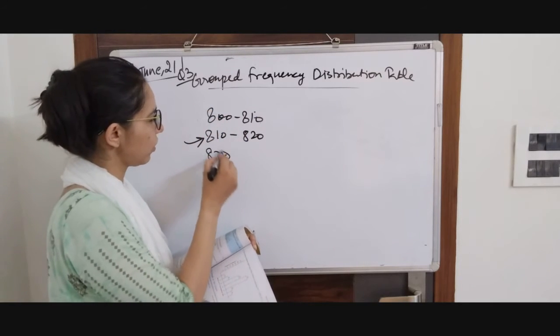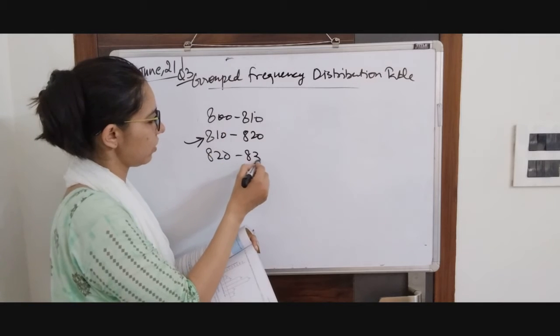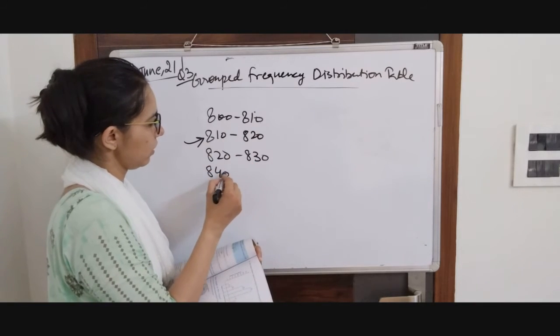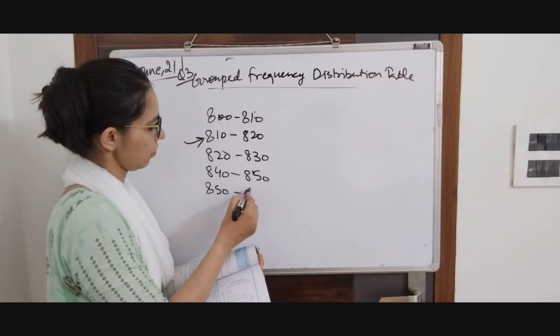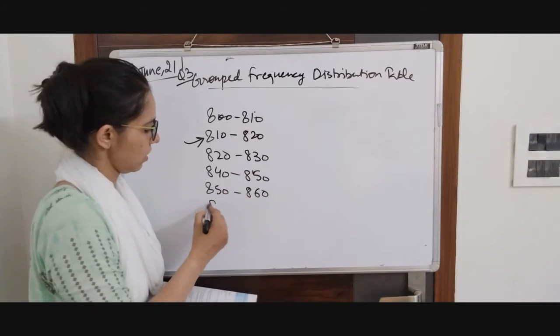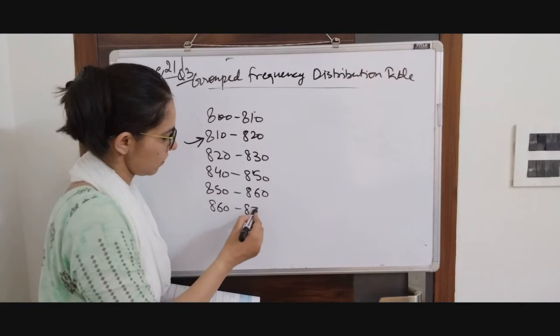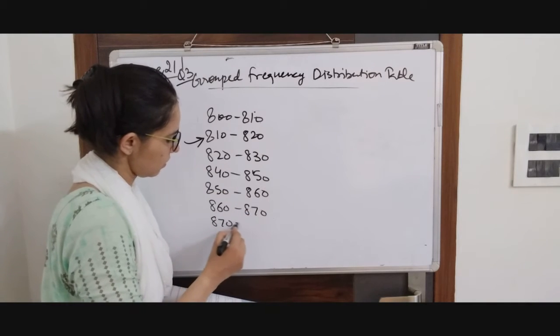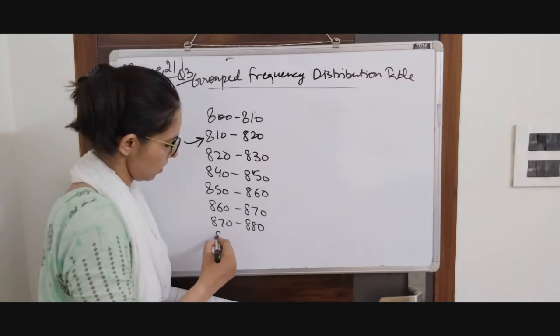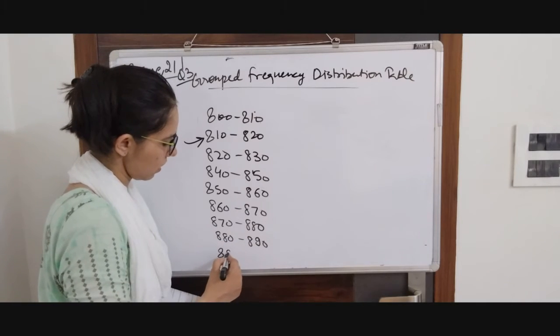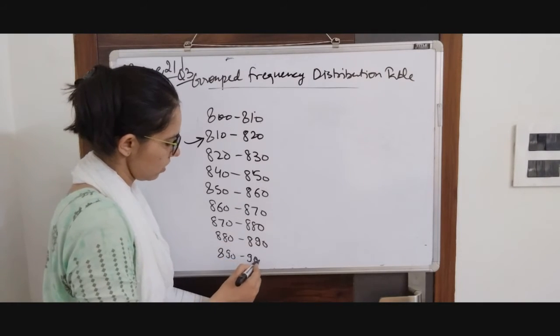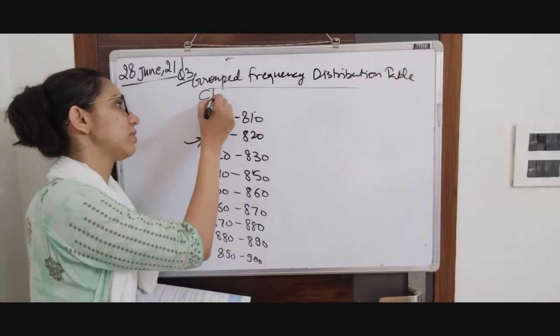So 820 to 830, 830 to 840, 840 to 850, 850 to 860, 860 to 870, 870 to 880, 880 to 890, and 890 to 900. These are our class intervals.